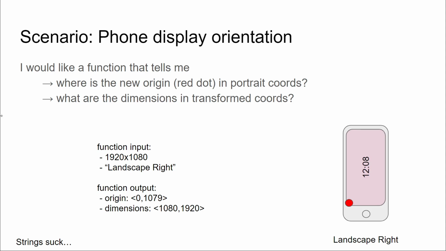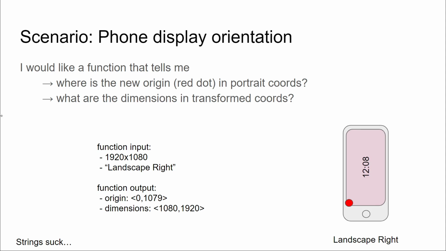I basically want a function where we take in a screen resolution, say 1920 by 1080, which is a typical resolution in a phone, and an orientation in the form of landscape right, landscape left, and so on. I want this function to output the position of this red dot as well as the transformed dimensions.